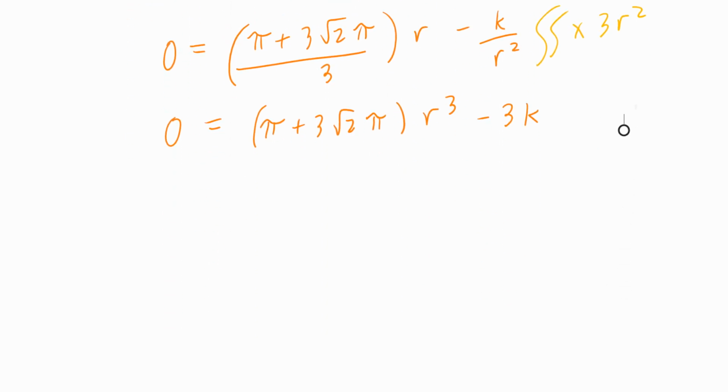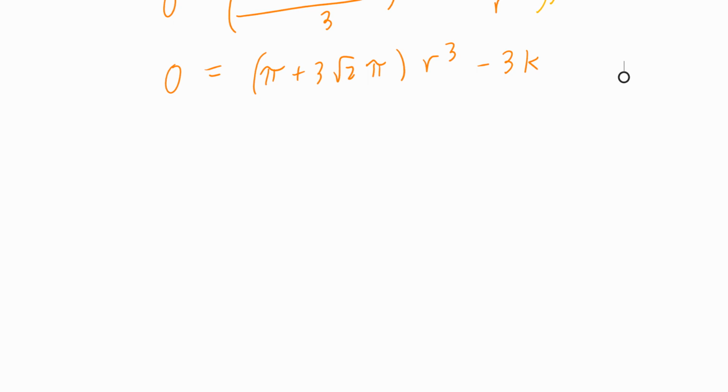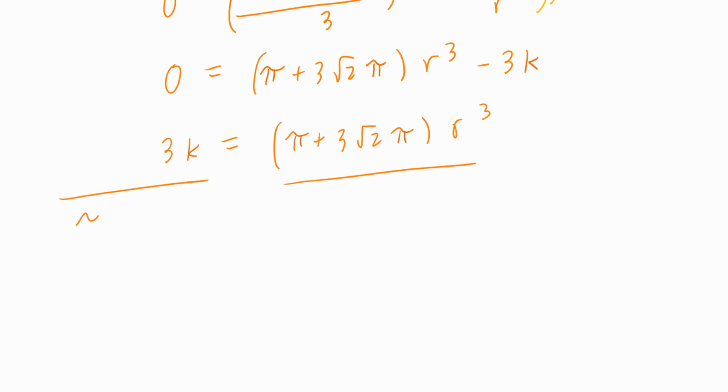In order to solve for r, I have to bring everything to one side, divide, and take the cube root. So when I bring negative 3k to the left, that's positive 3k. I copy everything else. In a moment, I'm going to divide by everything in the brackets. The moment is here. The opposite of multiplying by pi plus 3 root 2 pi is to divide by pi plus 3 root 2 pi.